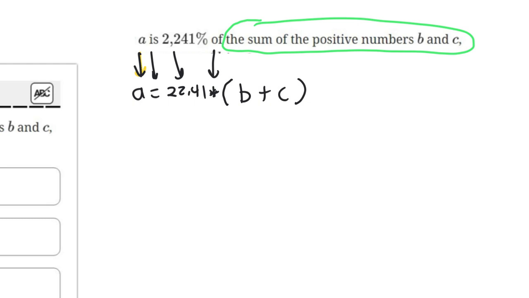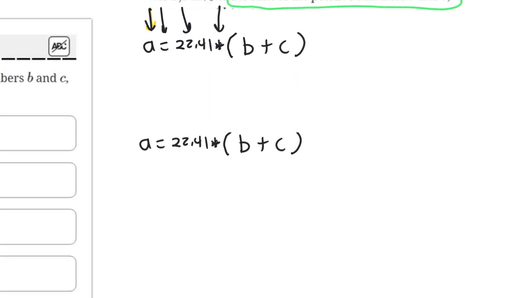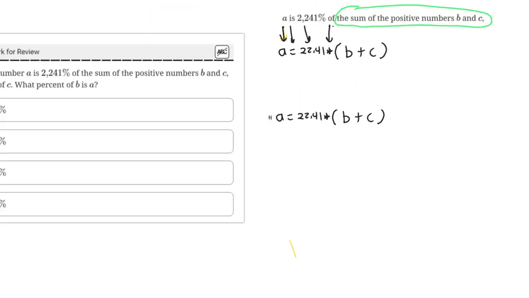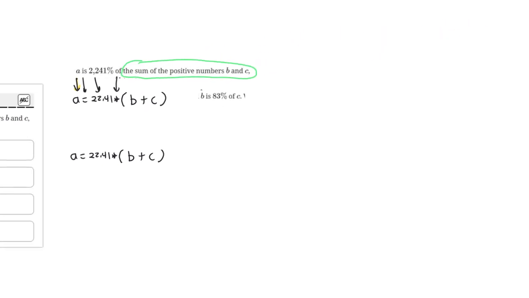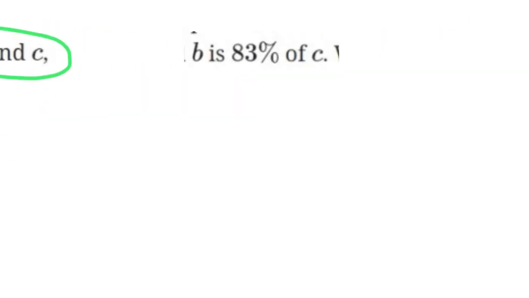So let me just, in the name of spacing this out a little bit, bring this down here as one of our equations that could come in handy. B is 83% of C. Great. So that's easily translatable.